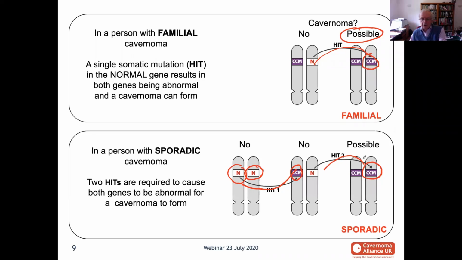This is known as the two-hit mechanism, and that isn't unique to Cavernoma. It's found in many, many situations. It was first found, I think, in breast cancer with what are known as the BRCA genes, where the two-hit mechanism is required to get the cancer potential for breast cancer. But in Cavernoma, this two-hit mechanism works in the way that I've described here.